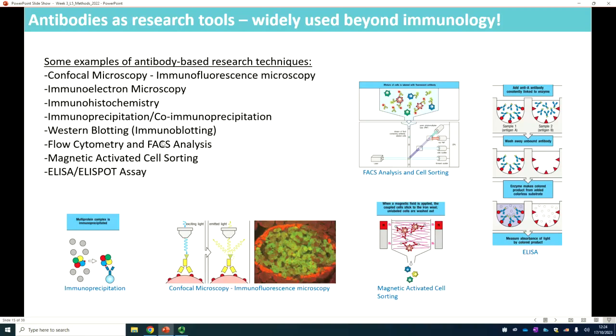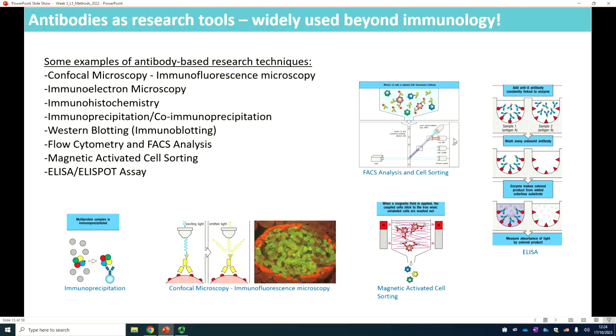Also Western blotting, which I don't have a diagram on here, but this is obviously where you take your cell lysate, you run it out on a gel, and then you use an antibody to probe for particular proteins in your cell lysate, and you can look for the difference in amounts of protein between different cell conditions or different cell types. You also have flow cytometry, FACS analysis, so that's here, and we'll talk about that later on.